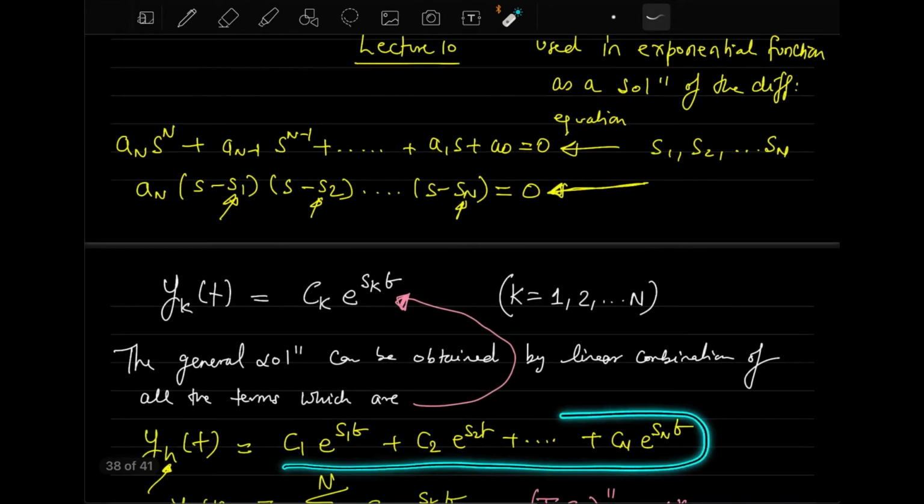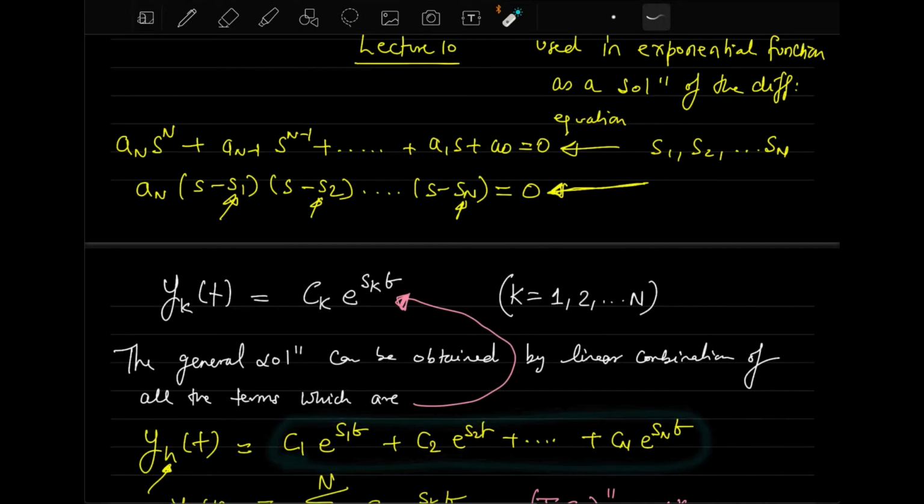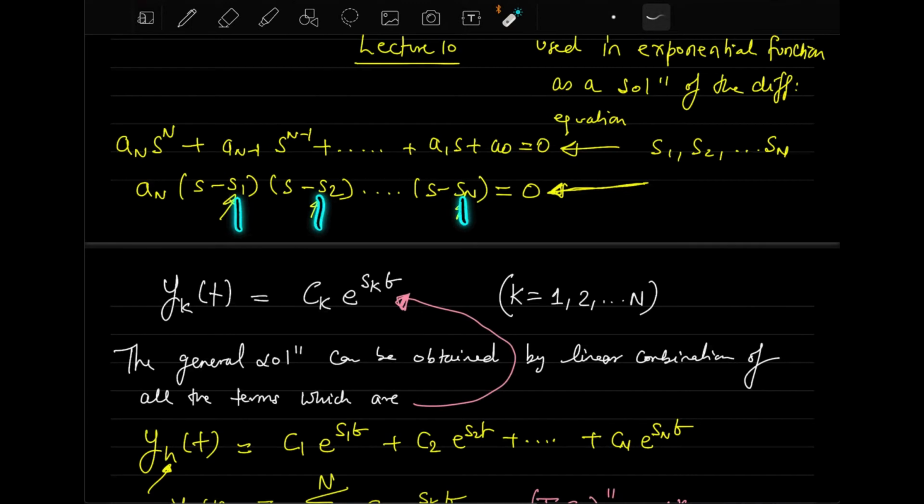So here we are assuming that all the roots are different and real valued, like s1, s2, sn. So that is case 1. In case 2, it might be that two roots or three roots, like s1, s2, are the same, or four roots are the same and the rest of them are distinct. In that type of situation we have a different way of handling the problem.